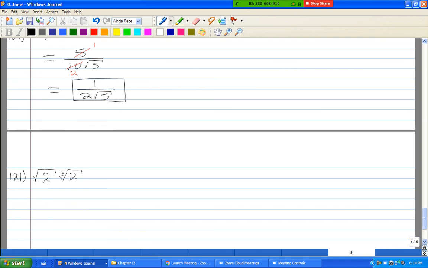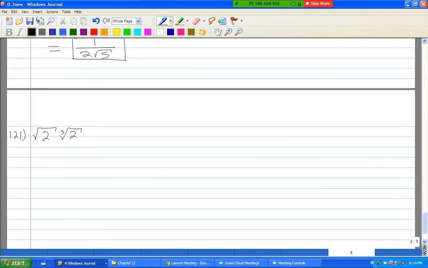Okay. So here, again, I'm missing the question, but it has to be to simplify this as much as possible. So let me rewrite these radicals as a base with a rational exponent. So a square root is an exponent of 1/2.